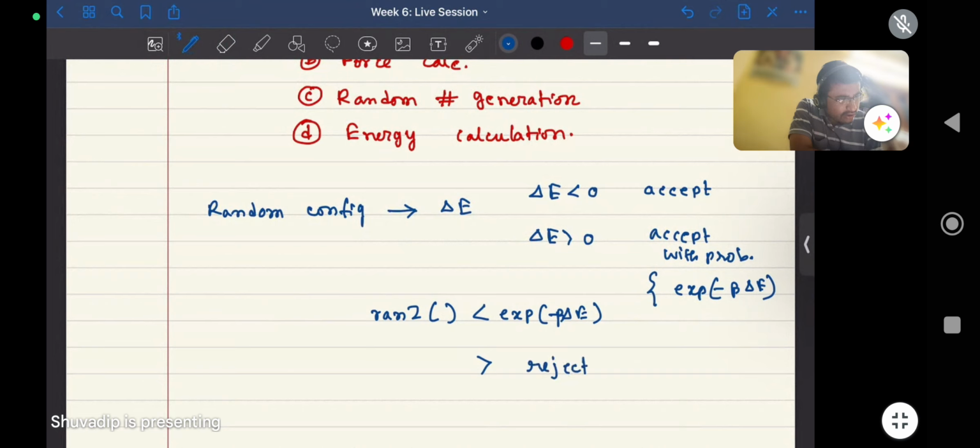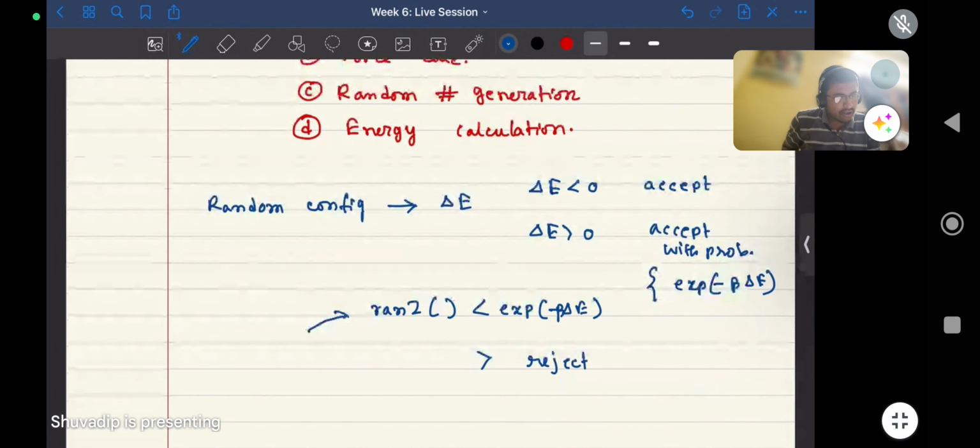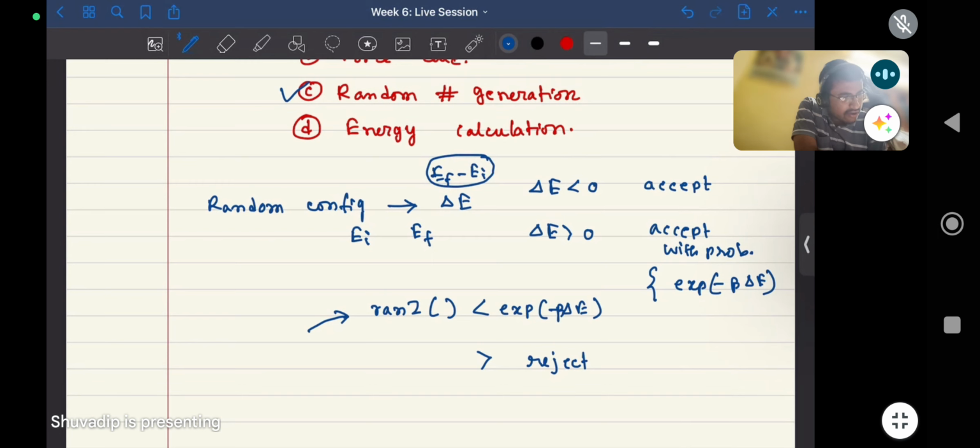So it involves random number generation, and the energy calculation is also there, because you have to calculate the energy of the state after performing some move, and the initial energy. Then you calculate delta E, which is EF minus EI. So energy calculation is also there.